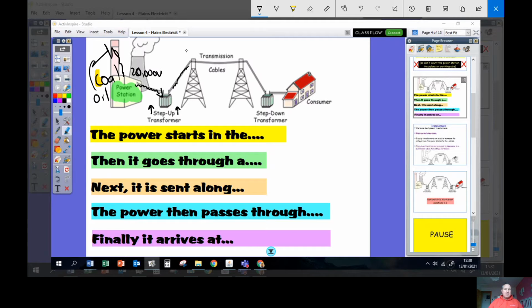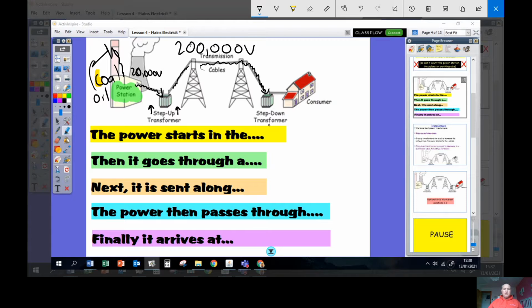It goes from about 20,000 volts to hundreds of thousands of volts. So it could be 200,000, 300,000, 400,000 volts. So the step-up transformer increases the voltage, and the power goes through the cables at hundreds of thousands of volts.